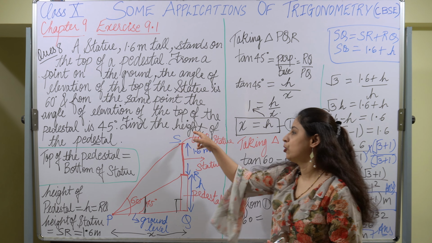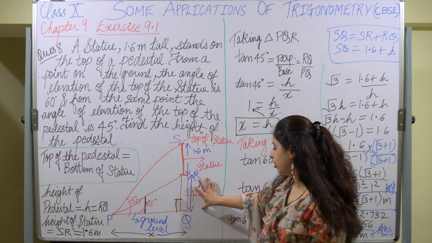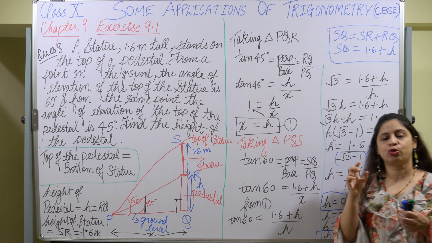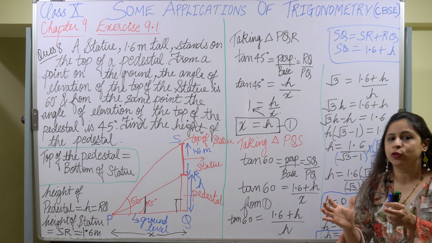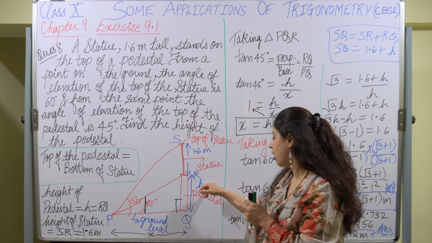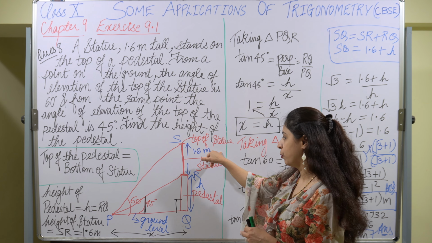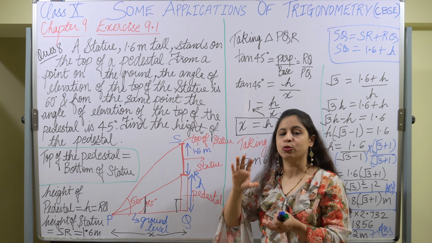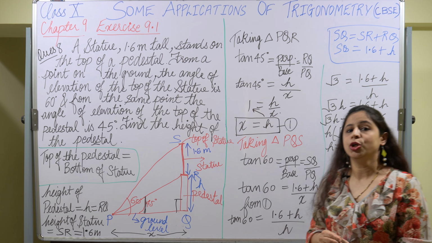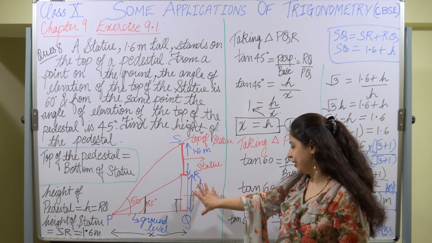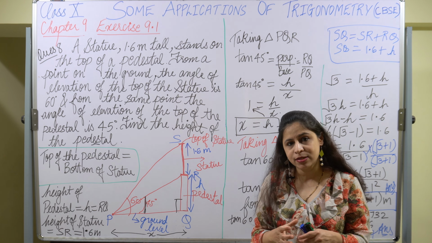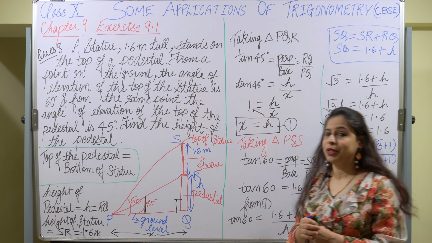That means the height of the pedestal, which we assumed to be h, is equal to 2.2 meters, and on top of that pedestal we have a statue of height 1.6 meters. So the height of the pedestal is 2.2 meters.